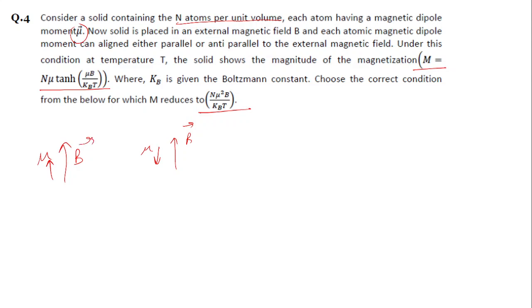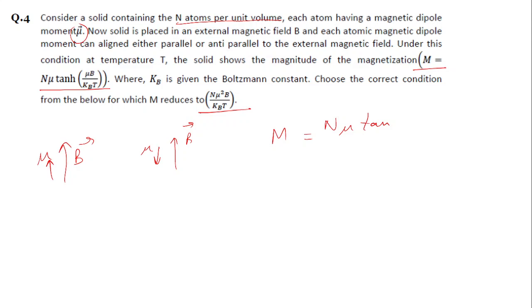These two things are possible, and under this condition, this solid shows this much magnetization. Instead of giving it in a number, we are just giving this expression as the magnetization that this material is showing at some T and B. If all these values are given, the temperature and the magnetic field, then we'll get it in number form.